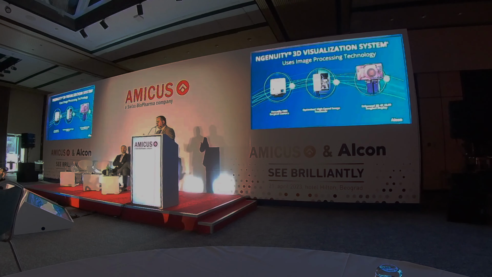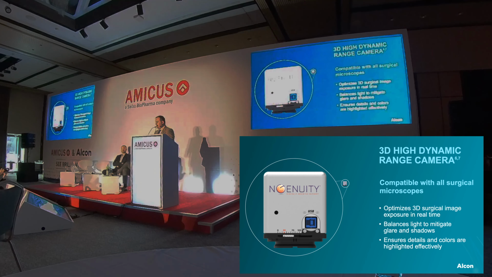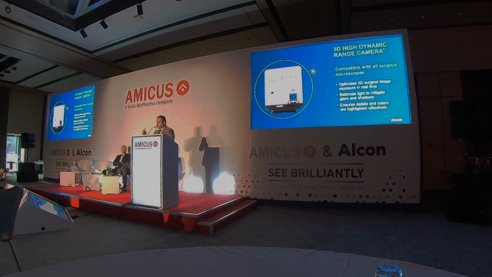What is the meaning of high dynamic range? The dynamic range is the ability of the single pixel of the matrix of the sensor to create a meaningful image in conditions with the least amount of light and in conditions with higher brightness. So this is the window of acquisition of a camera.